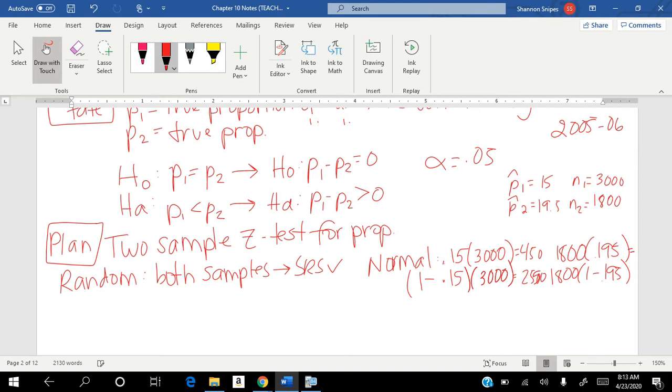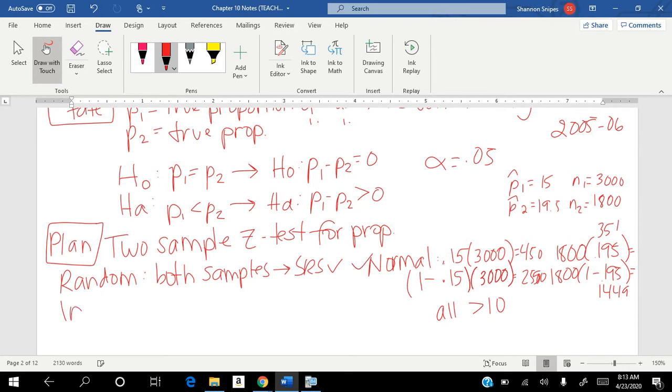And then that top number is going to equal, when you do 1,800 times 0.195 is 351, and 1,800 times 1 minus 19.5% is 1,449, all greater than 10. So the normal condition has been checked.